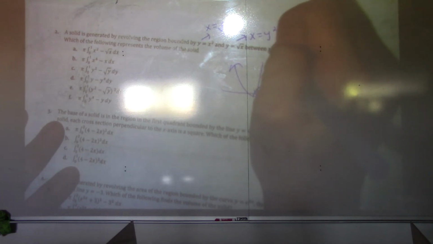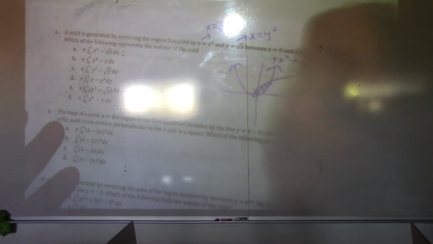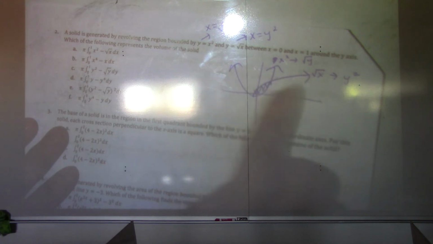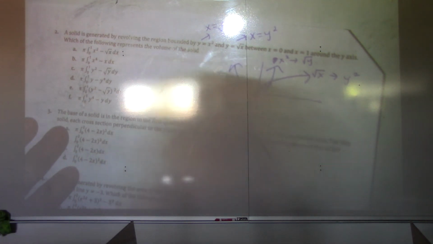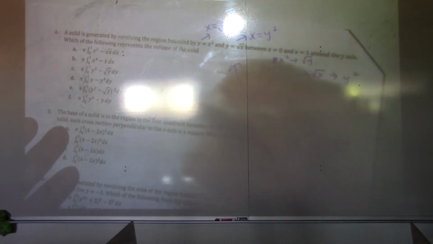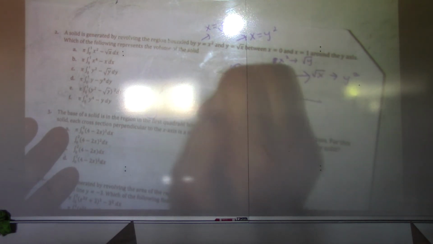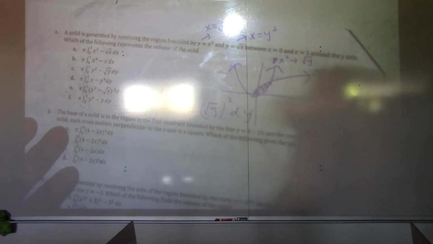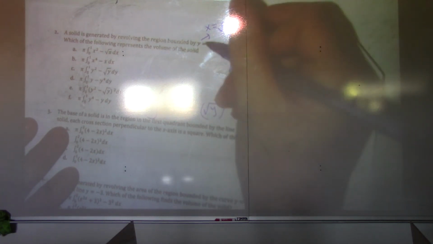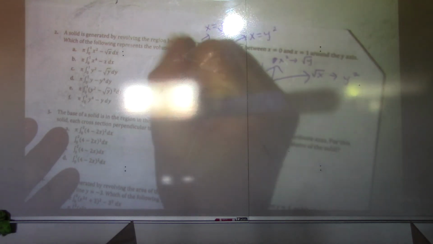And this one is the x squared, which is the root y equation. So when I go around the y-axis, I want pi times outside radius, which is y squared, minus inside radius, which is square root of y squared, dy. And this one is 0 to 1, and the y, when you plug in 1, you get a y value of 1, so it's still 0 to 1.